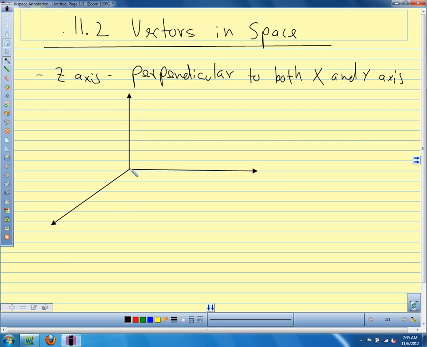And we can extend this down here, and this back here, and this back here. And normally the way we draw our coordinate system is like so. And we call this a right-handed coordinate system.